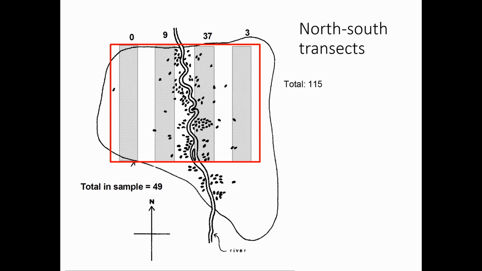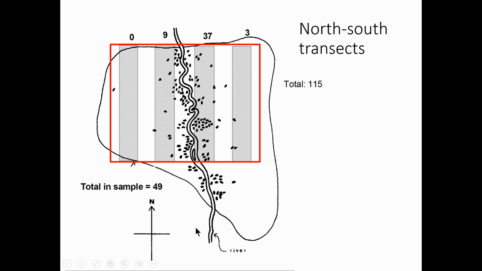Now, imagine this area, where we have a river running through it. Here we have a total wildlife count of 115. There are 115 animals in here. The total in the sample is 49, and I think this is about a 50% sample, as I sketched it out recently.